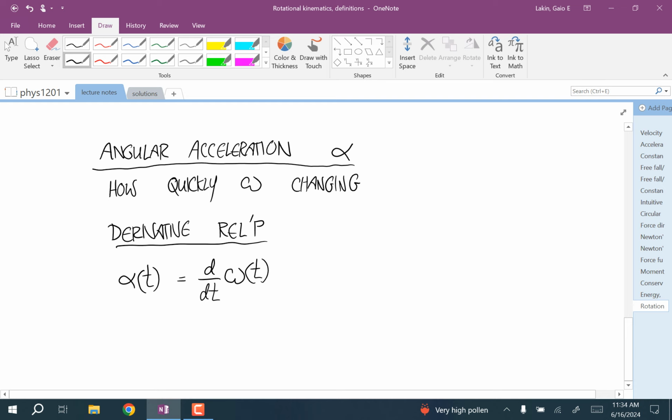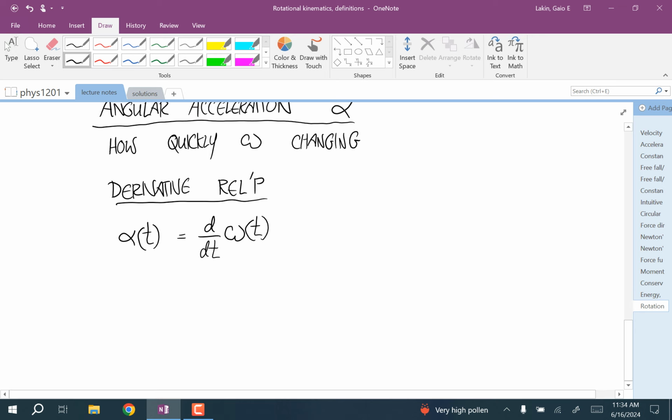One thing that you need to keep in mind about angular acceleration and angular velocity is this is analogous to the way it works with translational velocities and accelerations. So if omega and alpha have the same sign, think for a second, what do you expect? Would the rotations be speeding up or slowing down?